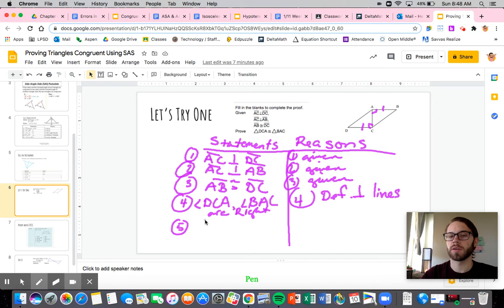Okay, so 5. Well, what do we know about all right angles? Right angles are all 90 degrees, and therefore, if I have multiple angles that are right, they're congruent to each other. So angle DCA is going to be congruent to angle BAC.